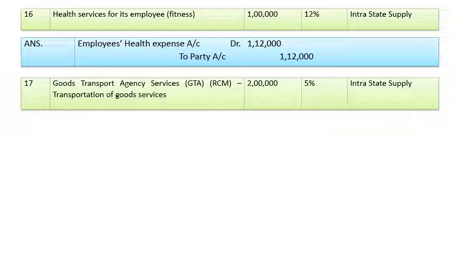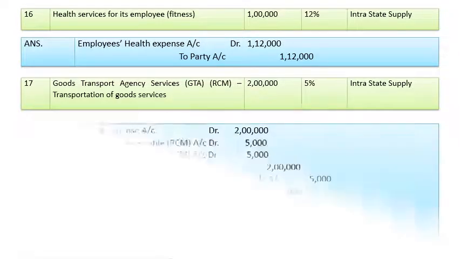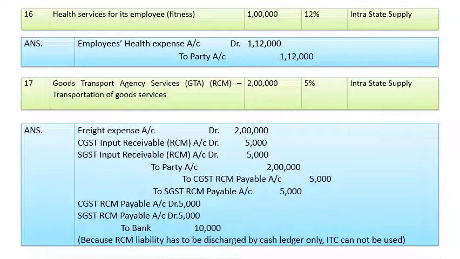So here the entry is: freight expense account debit, CGST input receivable RCM account debit, SGST input receivable RCM account debit, to party account, to CGST RCM payable account, to SGST RCM payable account.